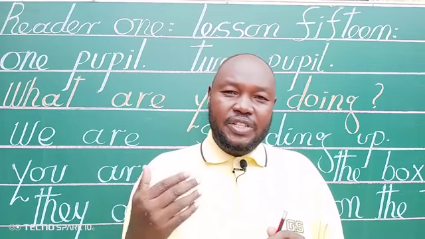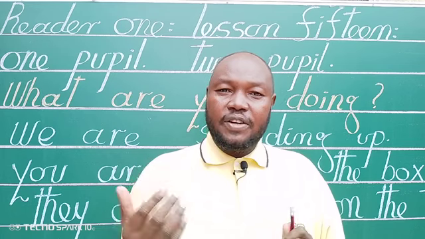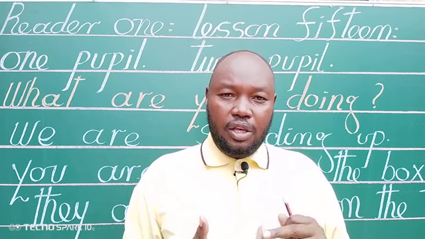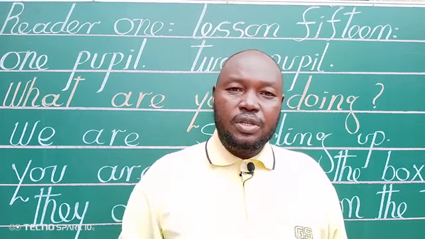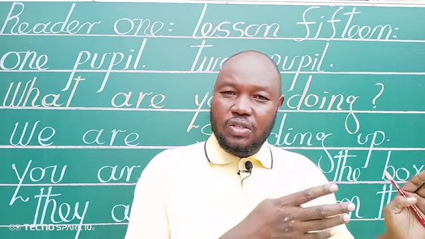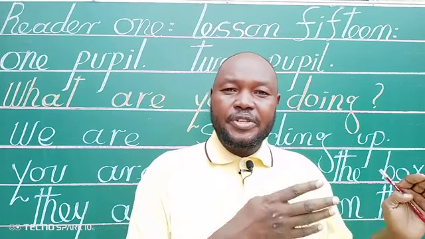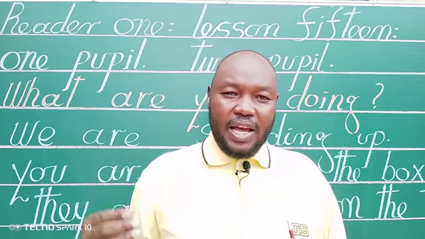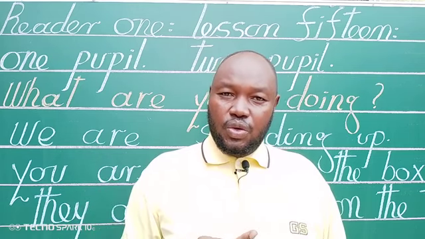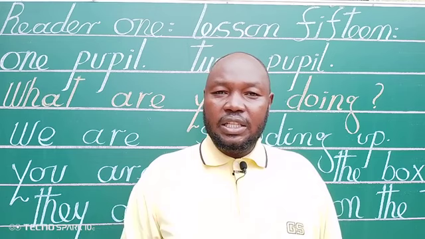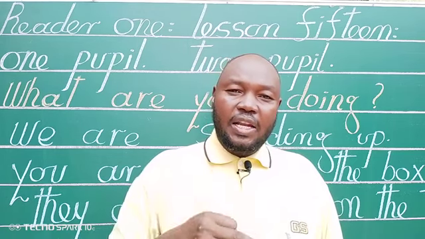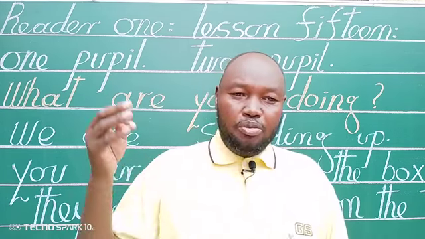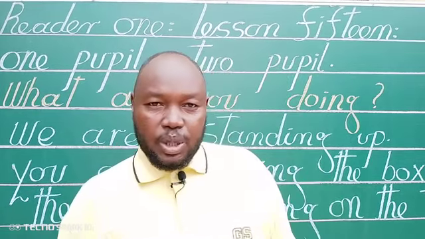The singular pronouns are I, she, he, it. There are four pronouns representing just the singular. But for the plural, we have we, you, they, just three. If you add three to the four, I think that equals seven main pronouns. Today we try to deal with this, inshallah.